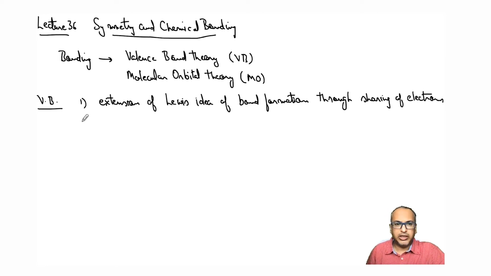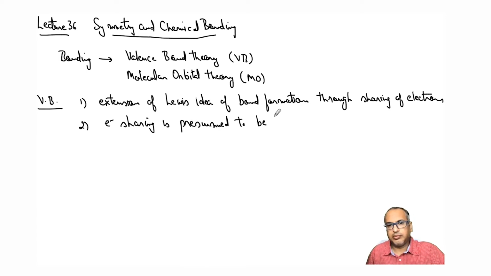So electrons are shared to form a bond. Then electron sharing is presumed to be localized. Localized between the pair of atoms which are interacting to form the bond.